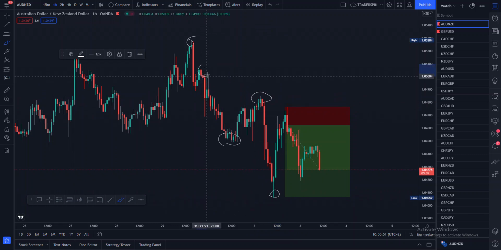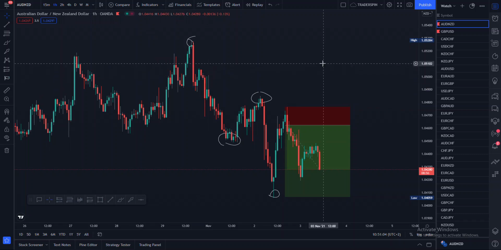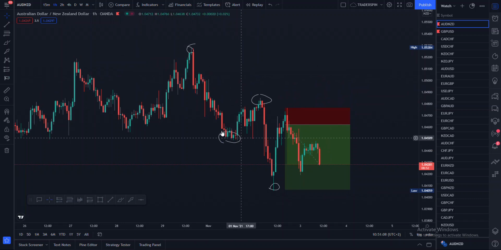There is not a lower low and lower high. Why? Because you can see, I don't know if I'm making sense, guys, but you can see the distance price took to get here. You can see the distance price took to get there. It just doesn't make any sense, right?